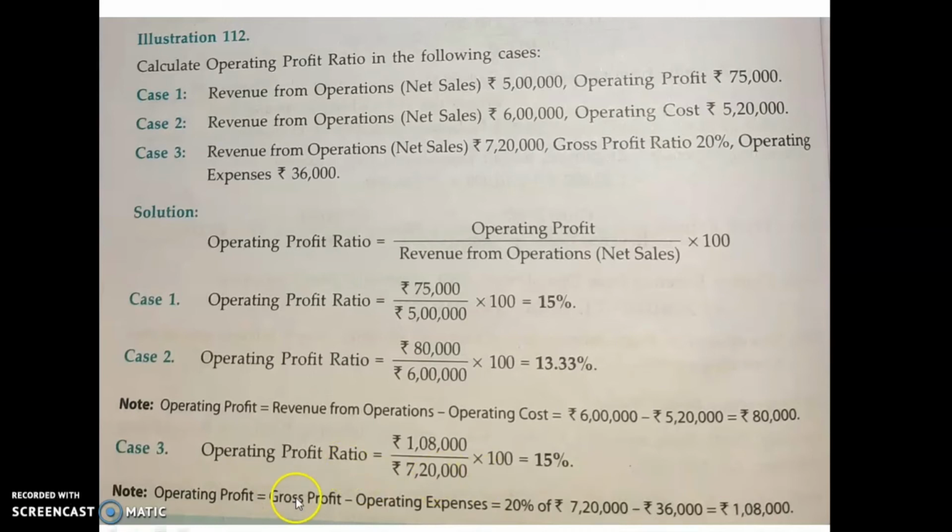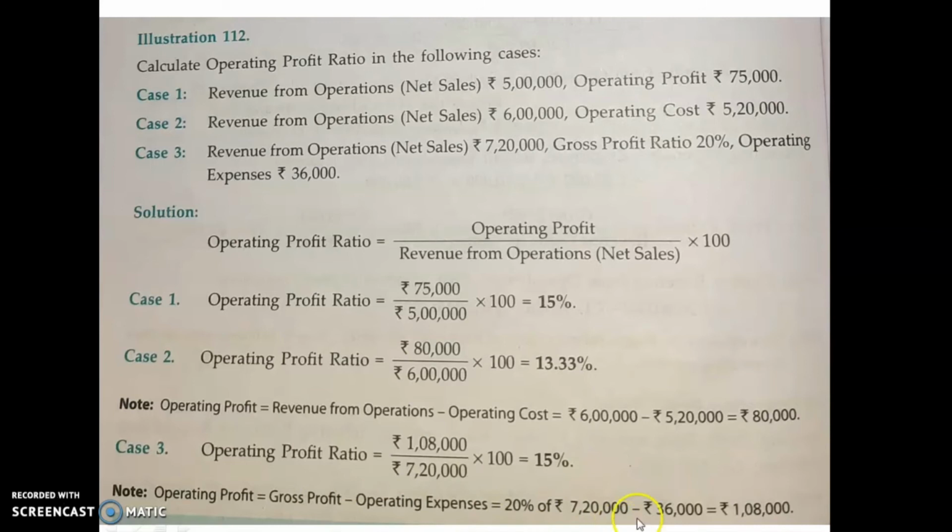So gross profit is equal to, what is the information given to you? Gross profit ratio is 20%. So on what percent this 20% you will calculate to get gross profit? On your sales. So your sales is 7,20,000. On that, if you calculate 20%, you will get the gross profit amount.